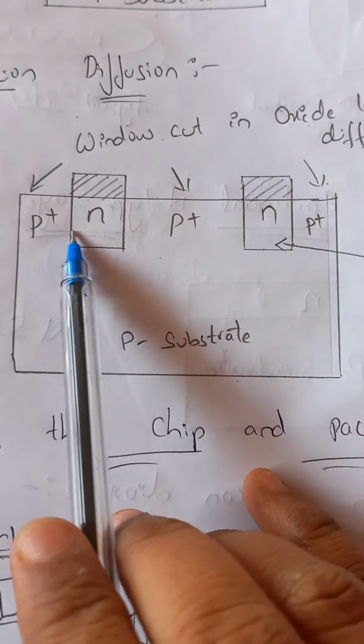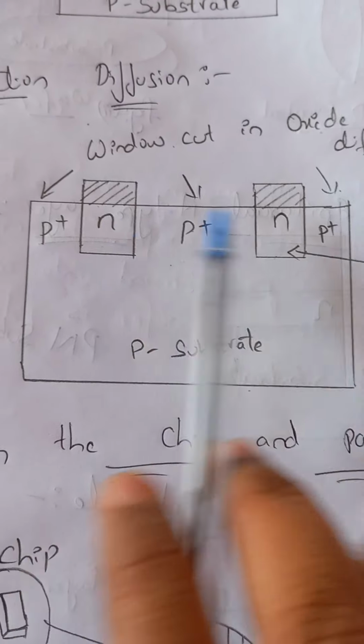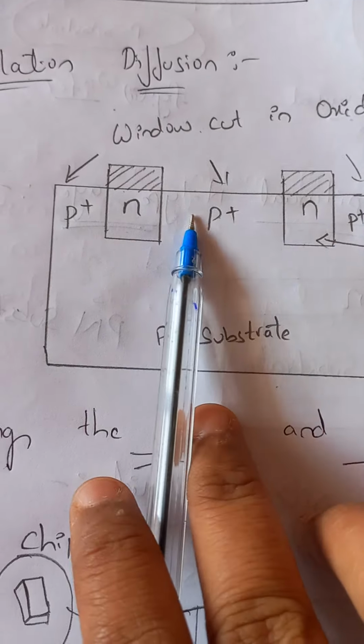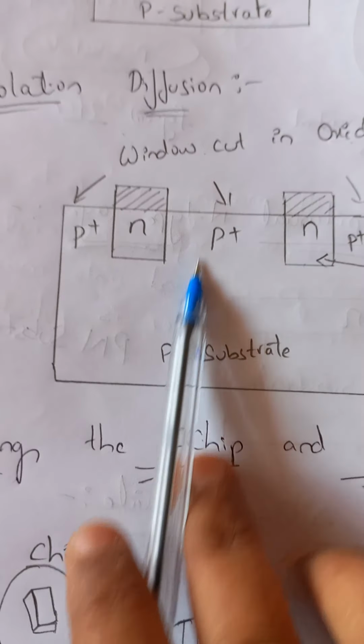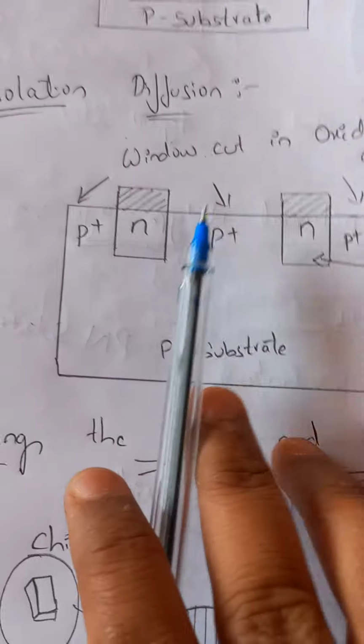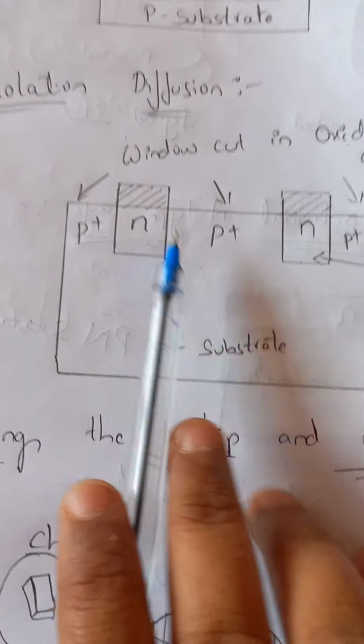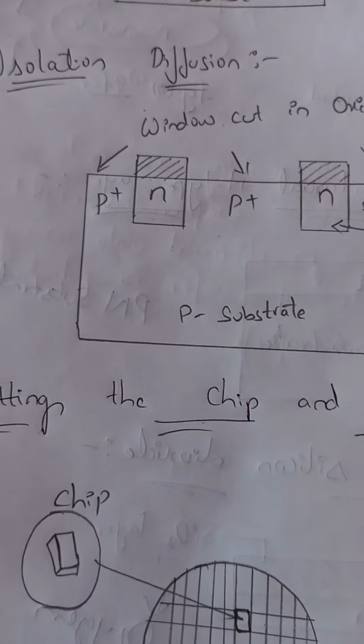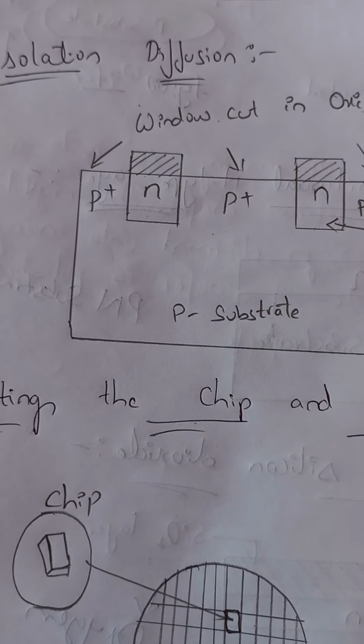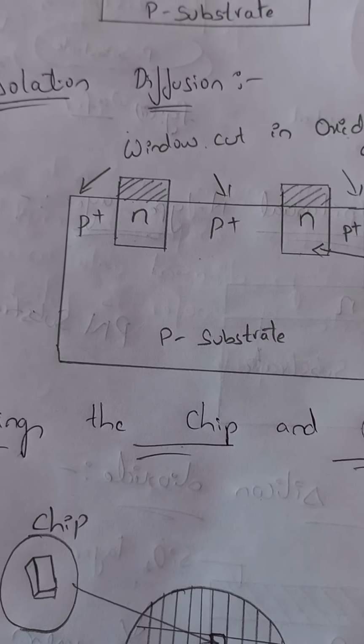If you observe here, it is a combination of one diode, and here is a combination of another diode, with the P substrate itself. So there is a formation of NP and PN diodes. This overall isolation diffusion is for producing the components.